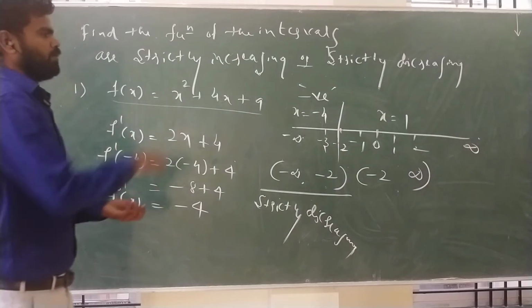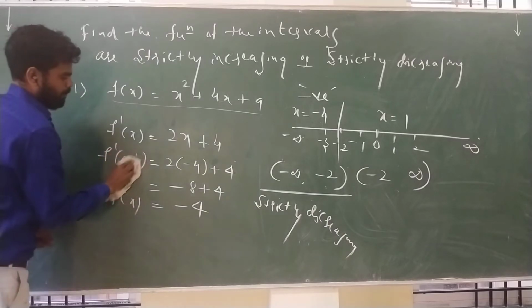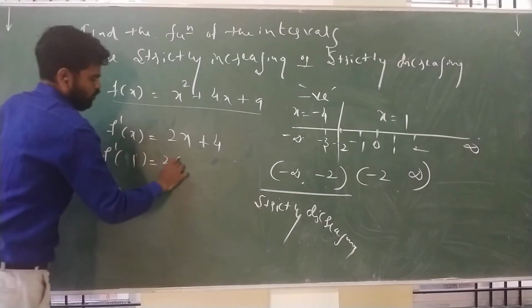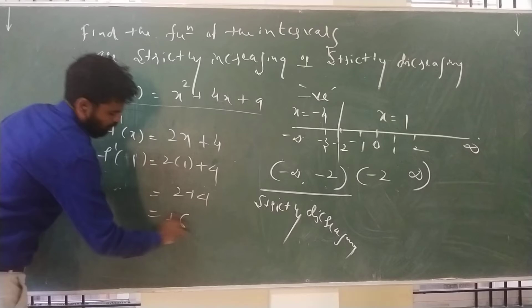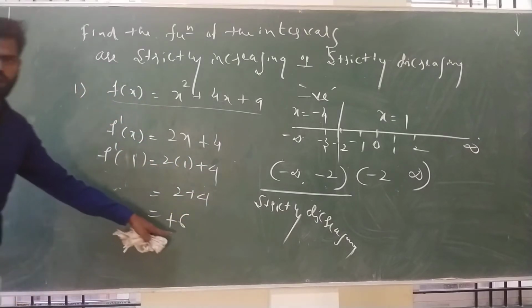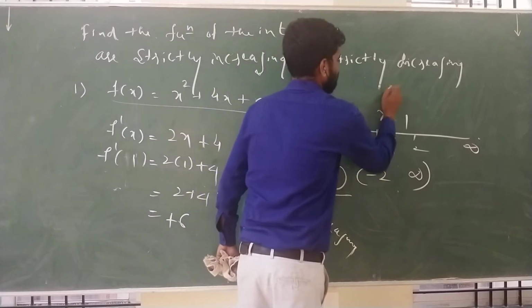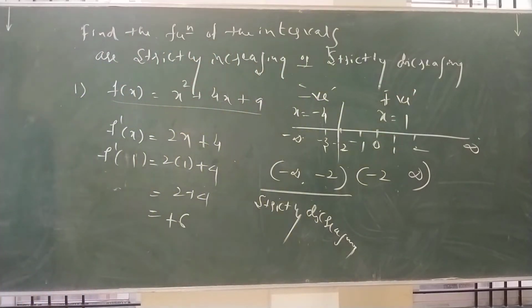Clear? So if x equal to 1, will the value be positive or negative? Take x equal to 1, so 2 into 1 plus 4, which is 2 plus 4, so 6, which is positive. Any value you take gives positive, therefore it is positive. Positive means it is strictly increasing.